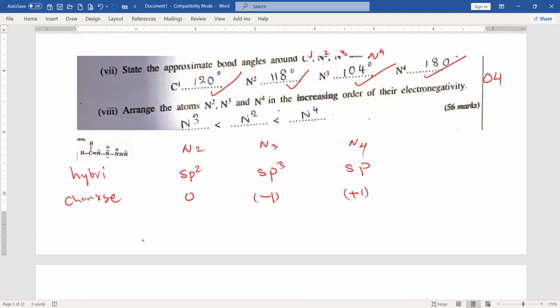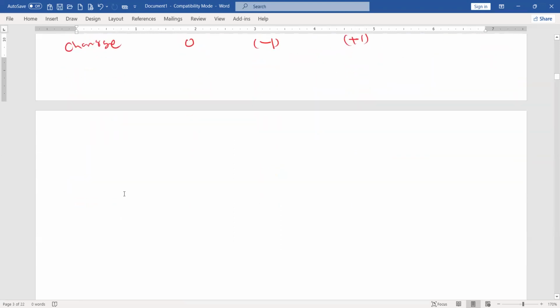Therefore, the N4 has the highest and N3 has the least. So N4, N3, N2 will be an intermediate. That's correct. So 2 marks for that. That is about the part B and the part C now.